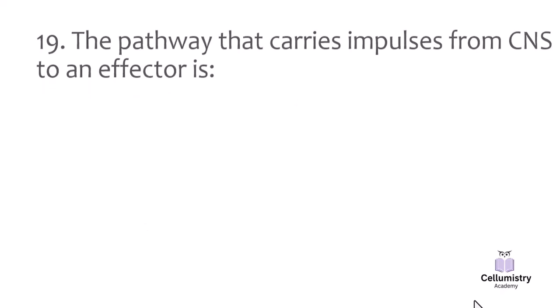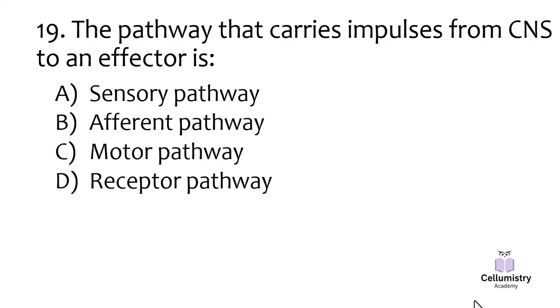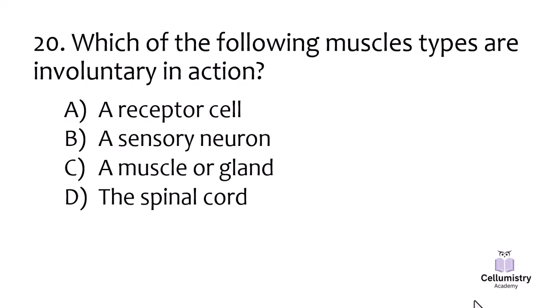The pathway that carries impulses from central nervous system to effectors is. Answer is C. Motor pathway. Which of the following muscle types are involuntary in action? Answer is C. A muscle or gland.